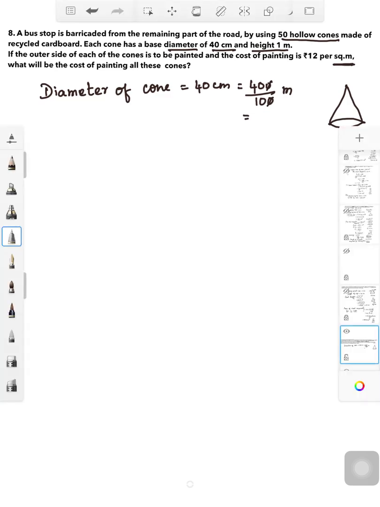So what is the diameter of the cone given? It is given 40 centimeter. That can be converted to meter by dividing by 100.